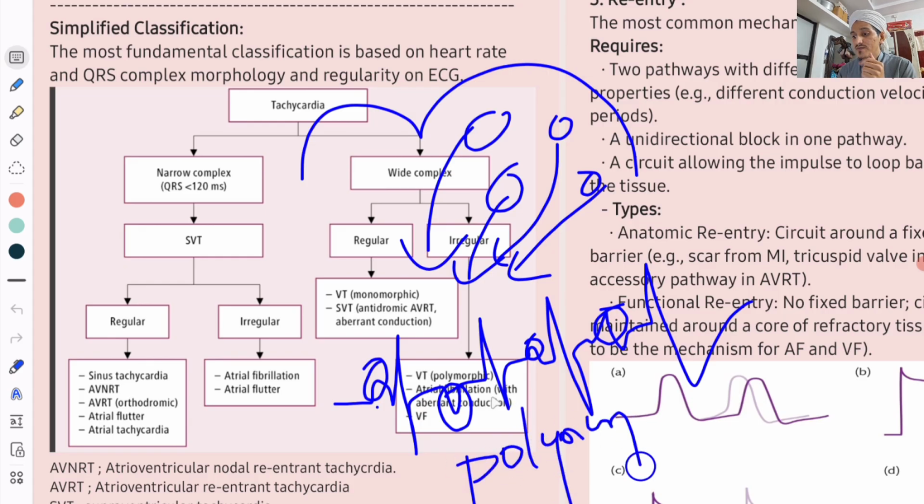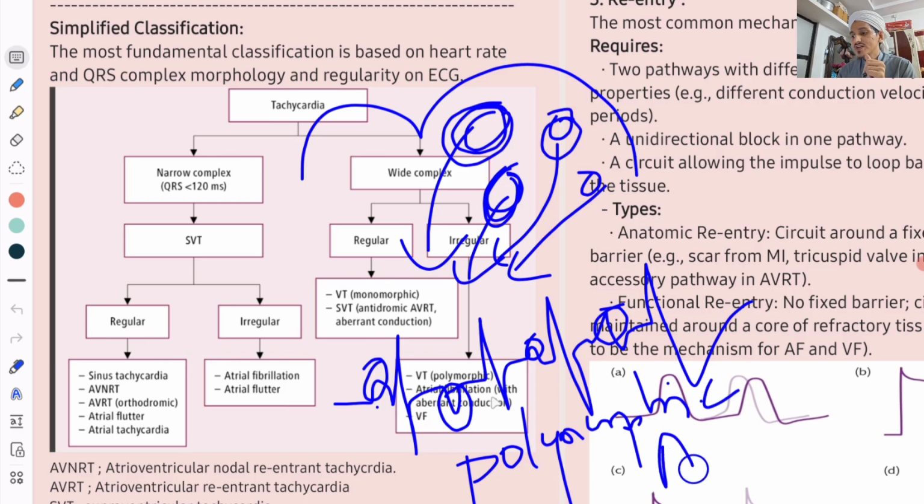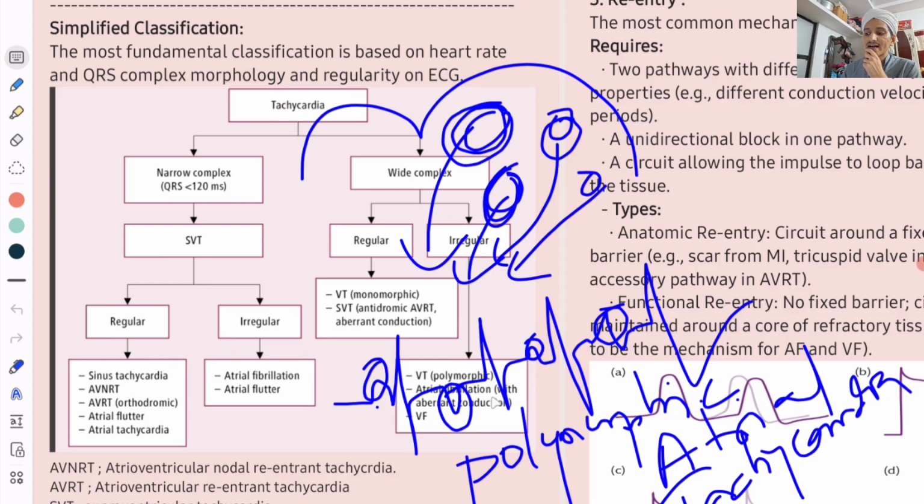Why is every P wave different? Because the foci are different. Each focus will have its own P wave morphology. That's why it is known as polymorphic atrial tachycardia, which is very common in COPD patients. Polymorphic atrial tachycardia, PAT.